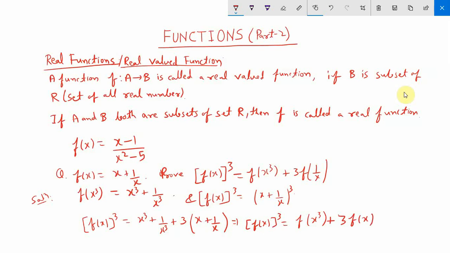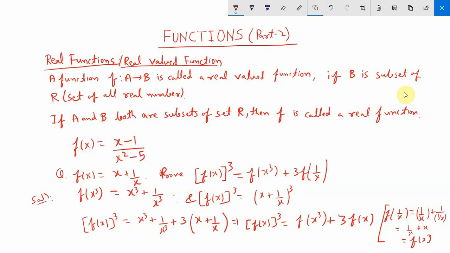Now we can see that f(x) and f(1 by x), as we have to, so what will be f(1 by x)? It is equal to, we will put in the relation given, so in place of x we will put 1 by x, plus 1 by (1 by x), which will be 1 by x plus x, which is nothing but f(x) only.